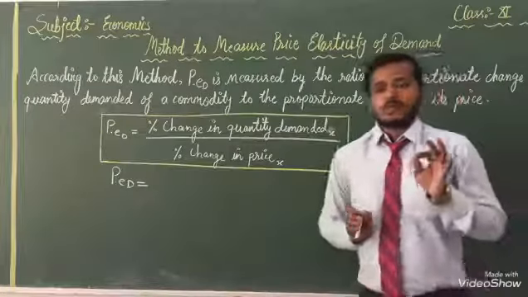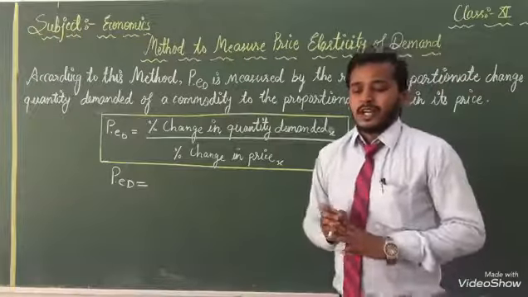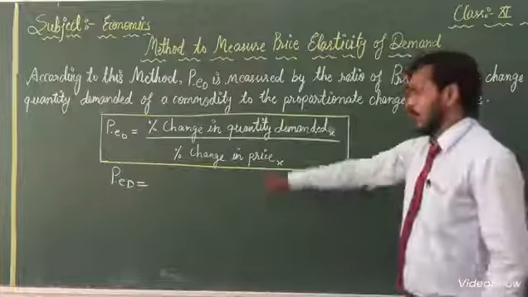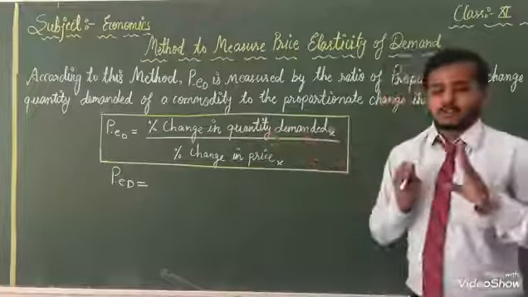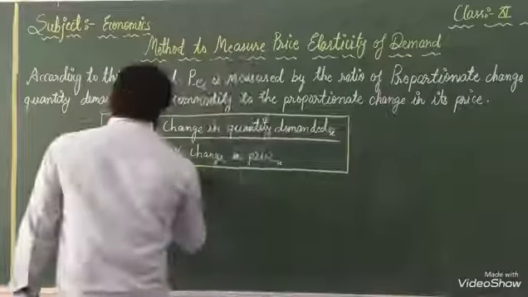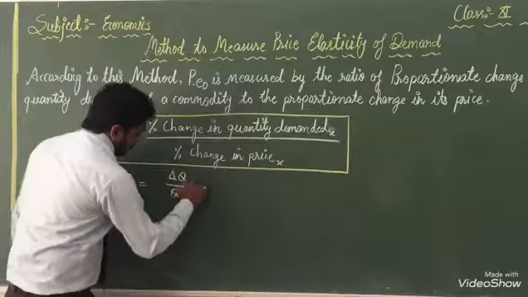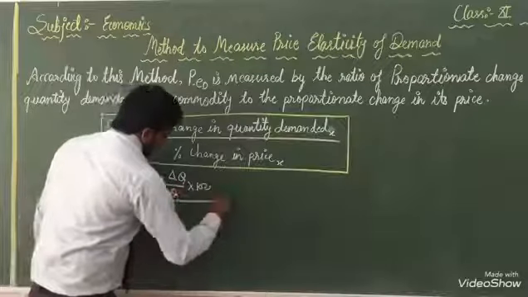Now we know very well. In the last lecture I told you the formula: price elasticity of demand is the change in quantity demanded, del Q by Q into 100.